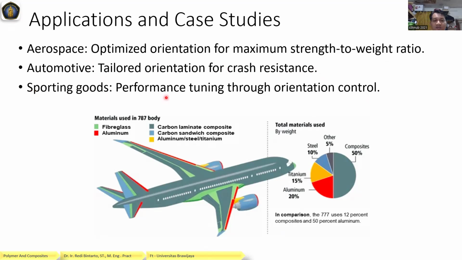And sporting goods performance tuning. So orientation control in many applications should be controlled to improve the characteristics of the composite itself. So they can use it in any kind of part of aerospace, automotive, and sporting goods.